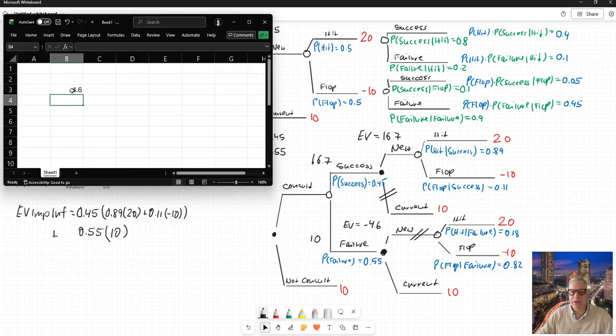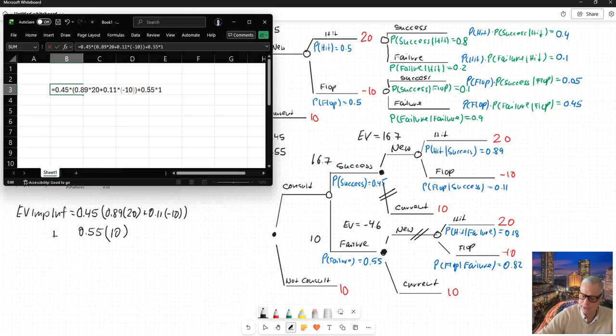So the overall expected value of this imperfect information is 0.45 times 16.7, which was obtained by 0.89 times 20 plus 0.11 times negative 10, plus there's a 0.55 chance that you get 10, times 10.